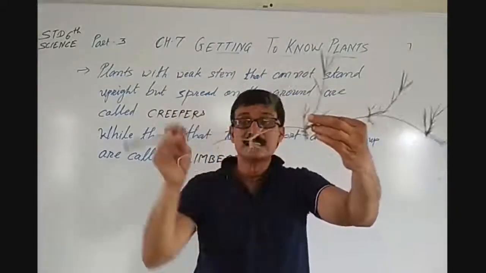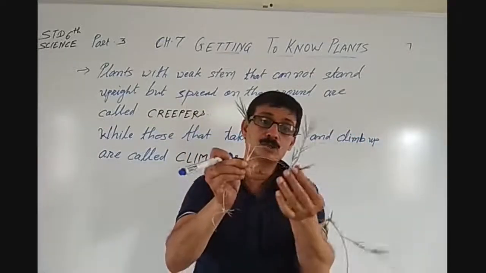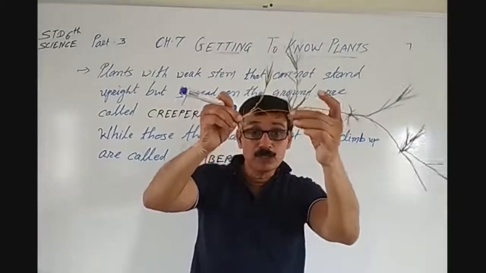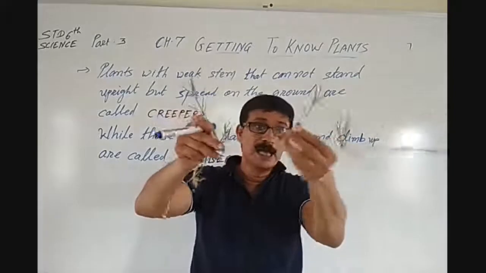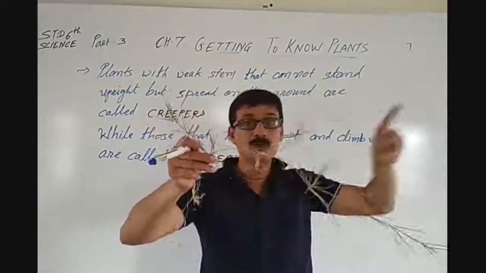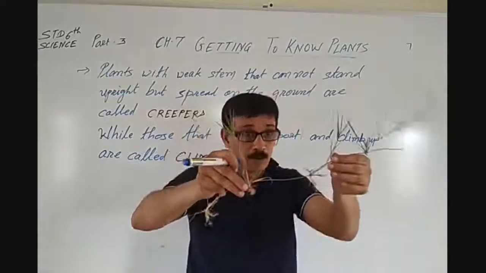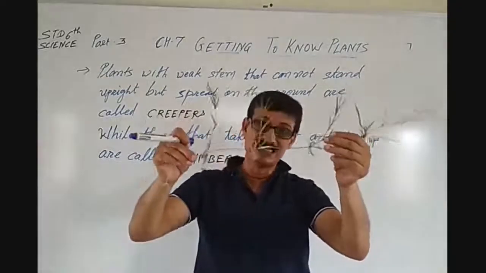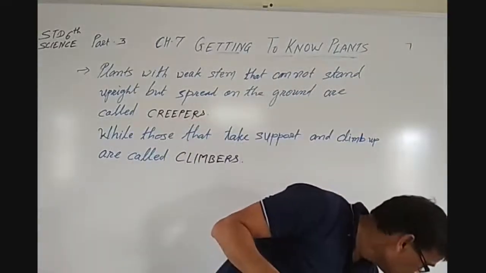Now when it comes over here, once again it will put some roots. Once again it will grow on the ground. It will spread on the ground and keep its roots on the ground. So this is one of the creepers. Durva is a creeper.